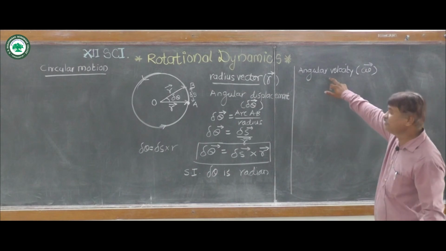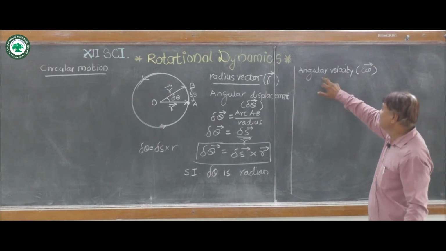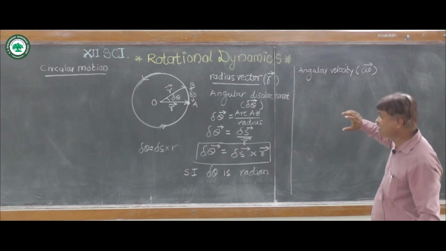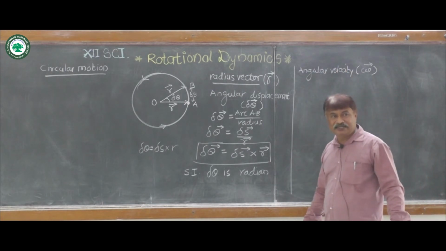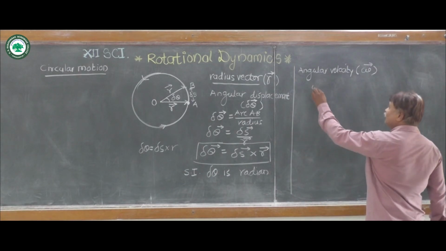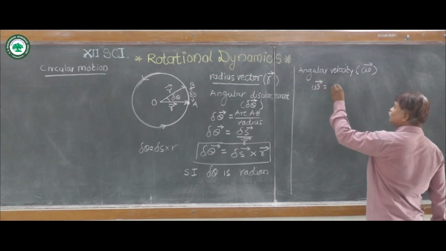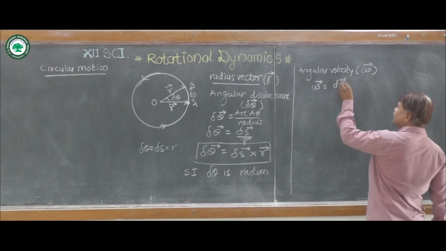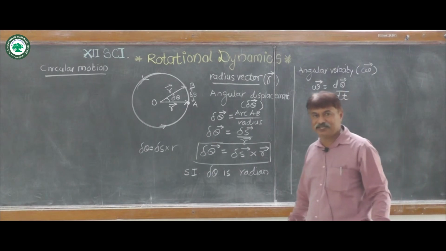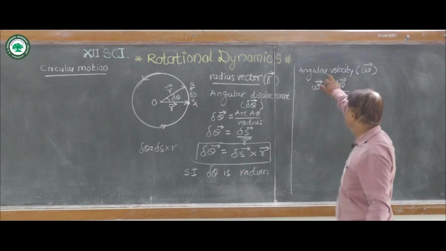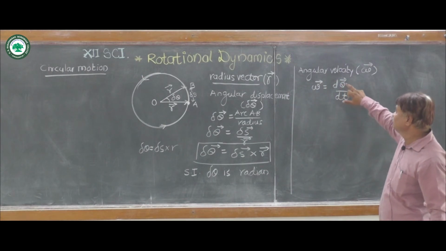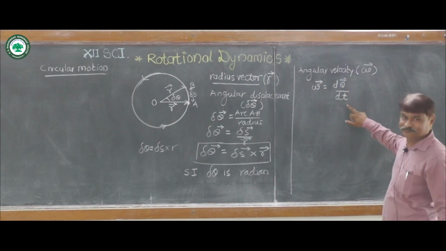Similarly, angular velocity is the rate of change of angular displacement with respect to time. So we write omega bar is equal to d theta bar by dt.